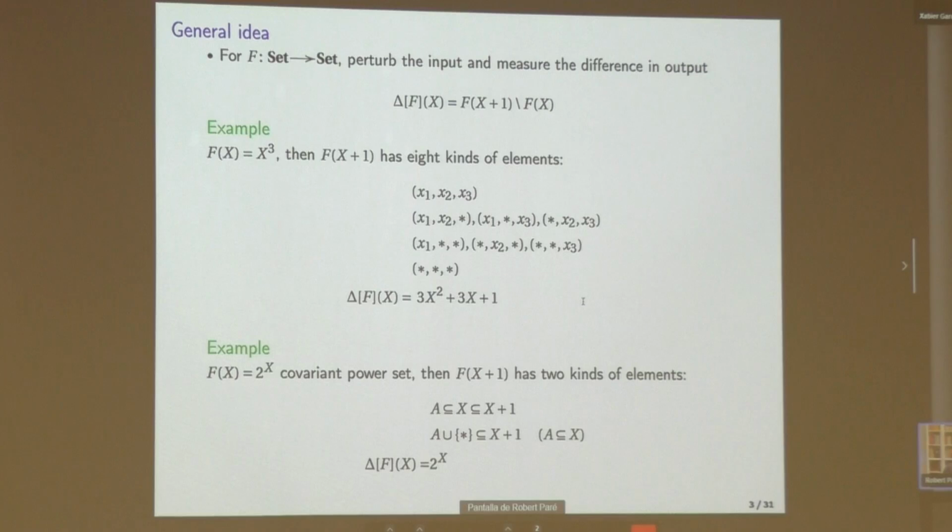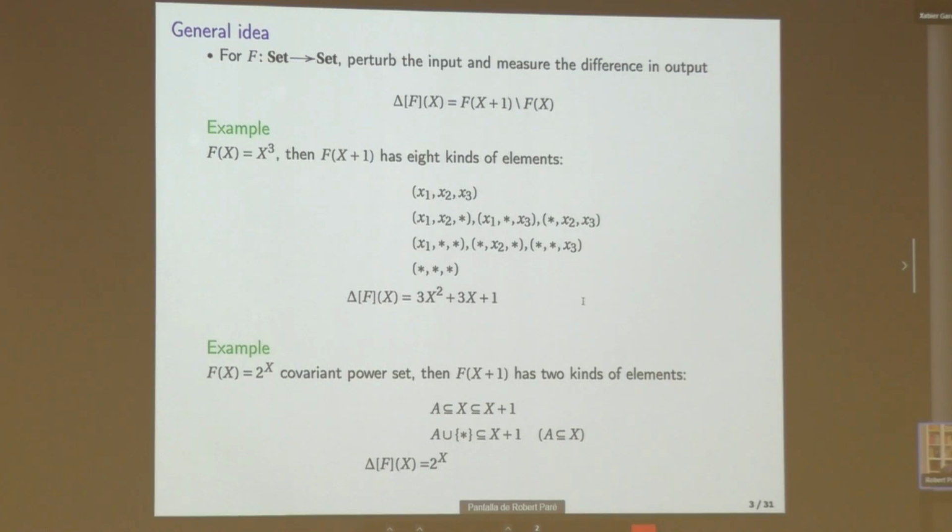Then f of x plus 1 has 8 kinds of elements, so they're triples. Either maybe all of the entries come from x, so x1, x2, x3, or maybe 2 of them come from x and 1 comes from the unique element of 1, which I'm calling star. And there's 3 places to put that star.